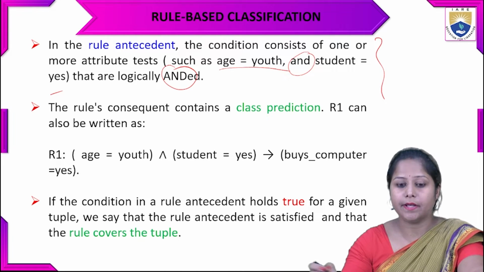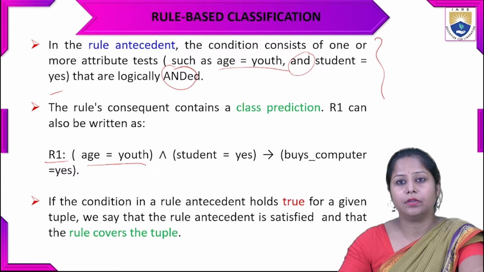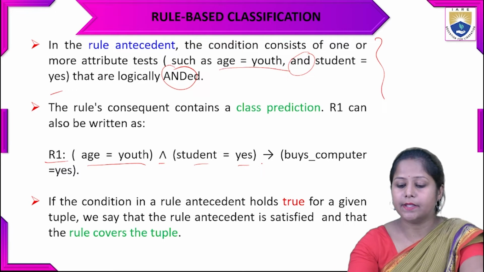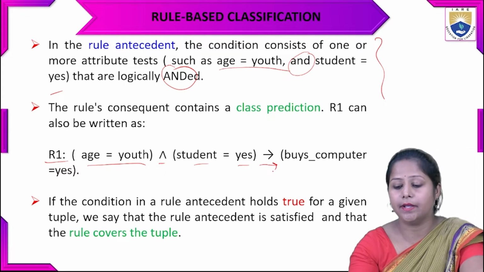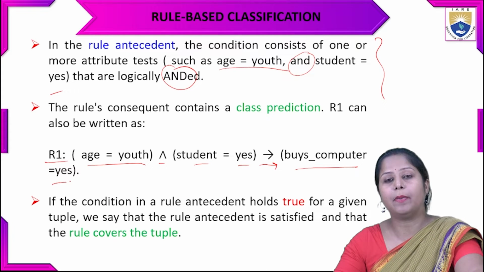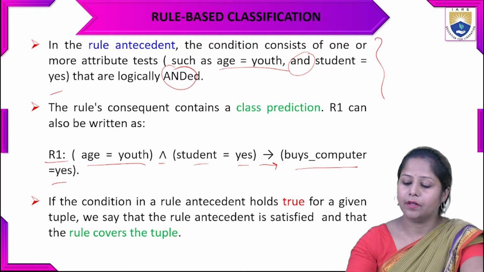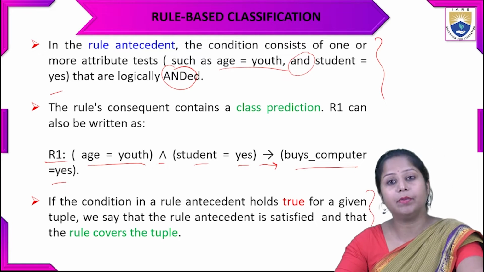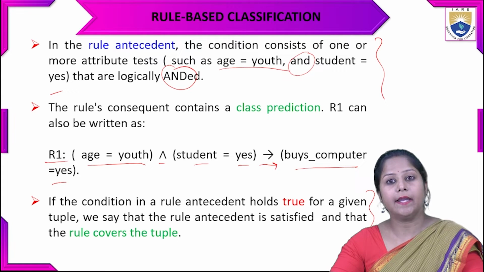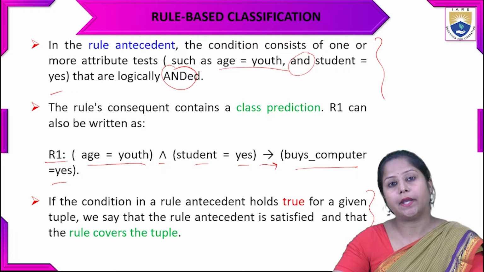That will be written as R1, a rule R1: age is equal to youth and student is equal to yes, then classify buys computer equal to no. If the condition in the rule antecedent holds true for the given tuple, then we can say that the rule antecedent is satisfied.